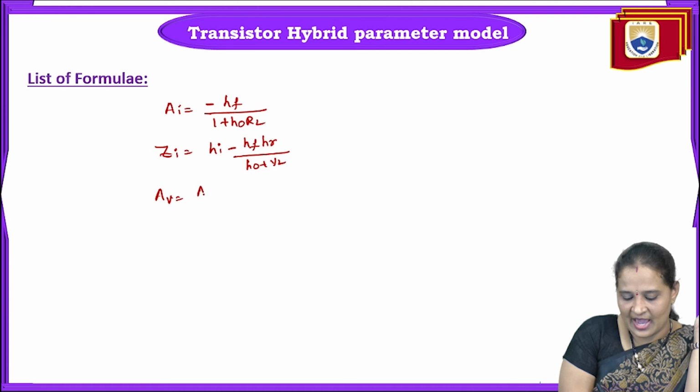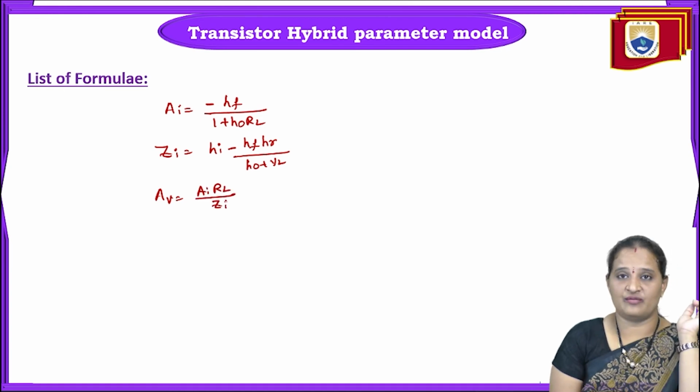Voltage gain is AI into RL divided by ZI. This is another formula.